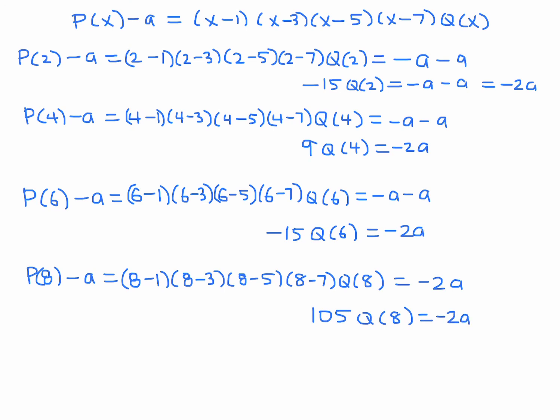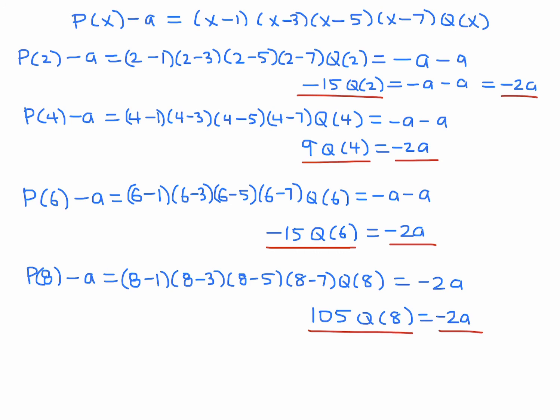All right, so what did we get here? We have a whole bunch of formulas. The first one is minus 15q(2) is equal to minus 2a. Then 9q(4) is equal to minus 2a. Minus 15q(6) is equal to minus 2a. And 105q(8) is equal to minus 2a. So all of these are equivalent.